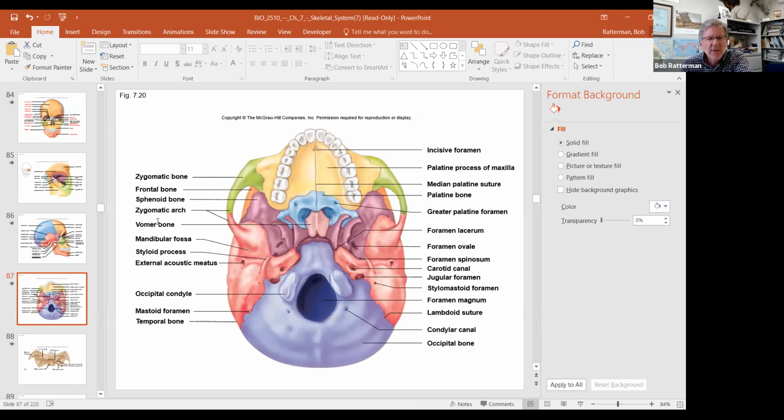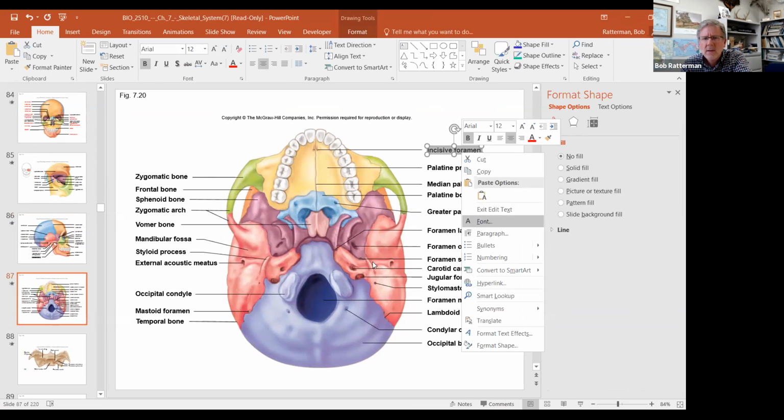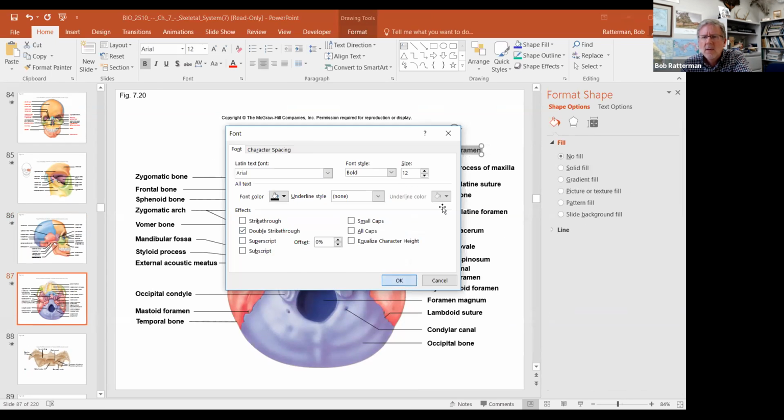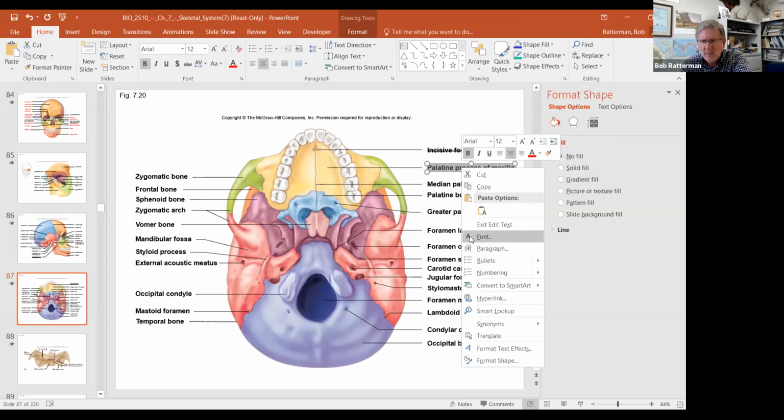As I look through this listing of terms, we don't need to worry about this one. We did not talk about the palatine process of maxilla, it's on the list, I think, but you can omit that one as well.